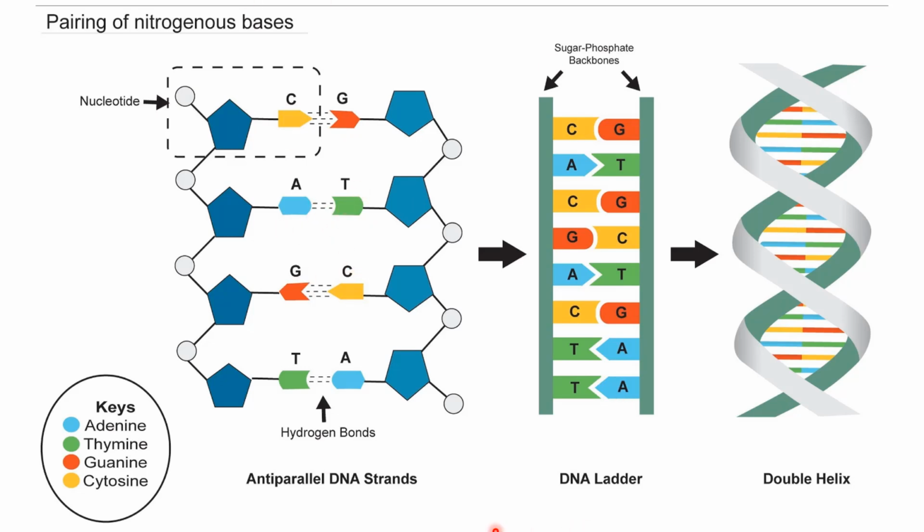And this is how the antiparallel DNA strands come together to form a DNA double helix. So the pairing of nitrogenous bases is a very important factor in forming the DNA double helix structure, and this sits well with Chargaff's rule, which says that the percentage of A is equivalent to the percentage of T, and the percentage of G is equivalent to the percentage of C.